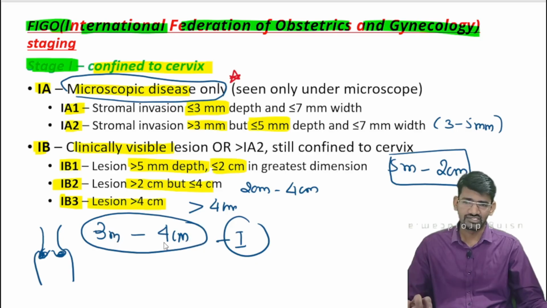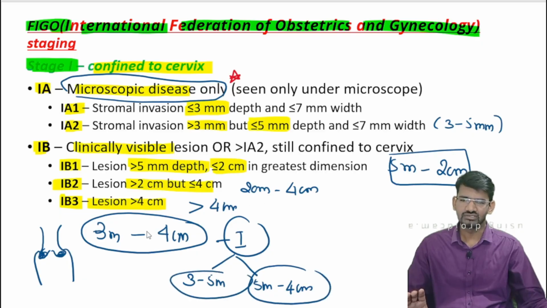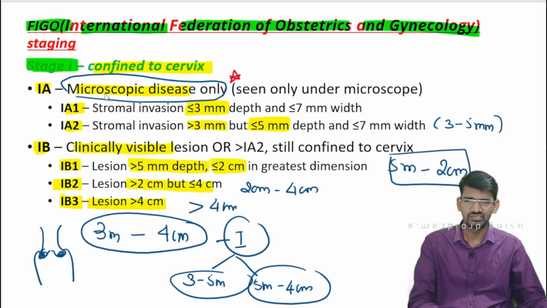If you consider the subtypes, in subtype 1 the size is between 3 mm to 5 mm, whereas in subtype 2 it is 5 mm up to 4 centimeter. So you can remember that overall in stage 1, 3 mm to 4 centimeter is the size of the tumor or lesion. And remember, it is confined to the cervix, not beyond it, located within the cervical region. So this is stage 1.